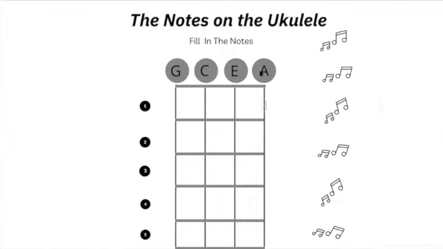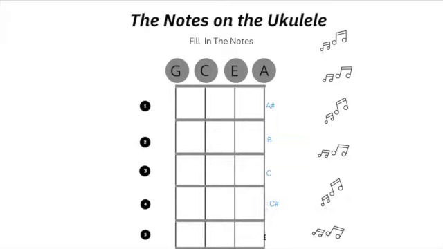So if that string starts with an A, then this first fret is A sharp. Then the next one, A sharp, the second fret on the A string is B. There's no B sharp, so the third fret on the A string is C. Then the fourth fret is C sharp.